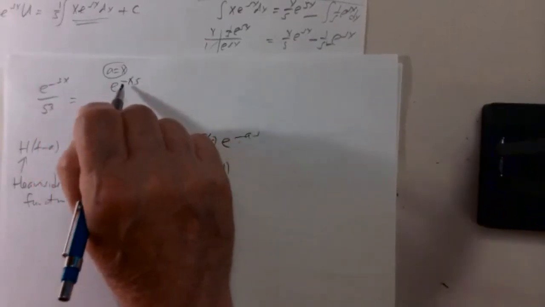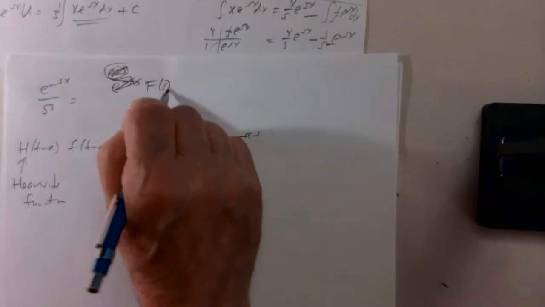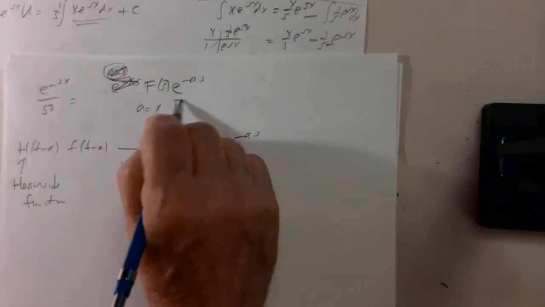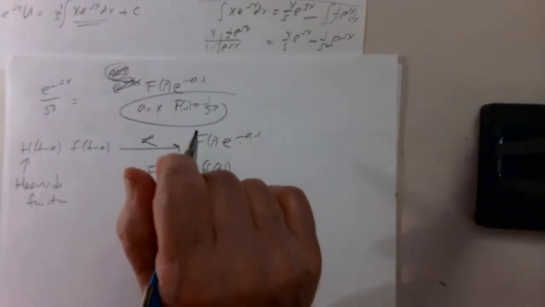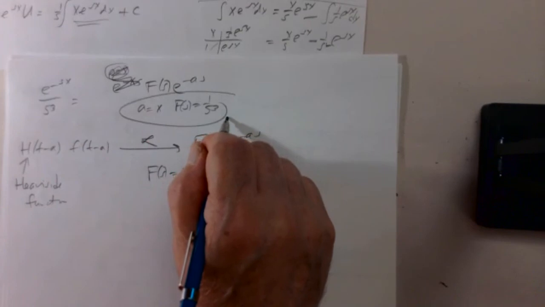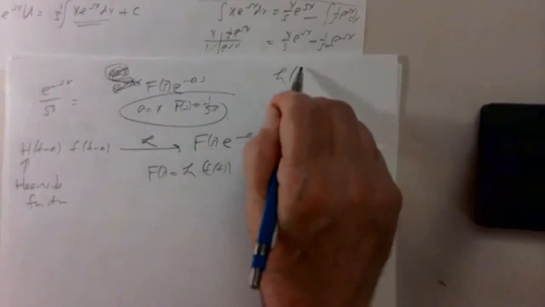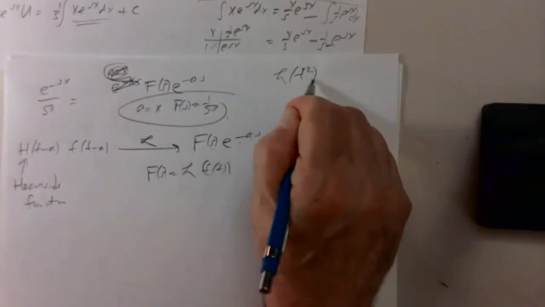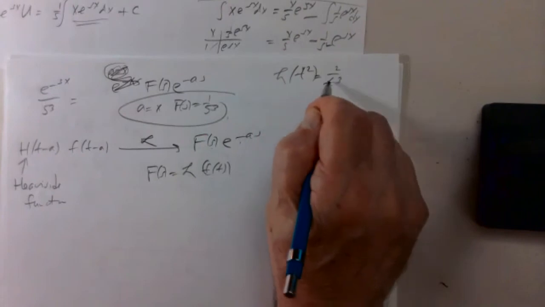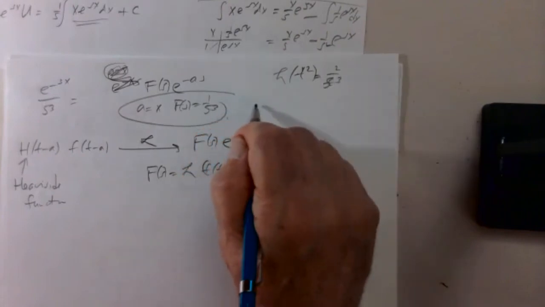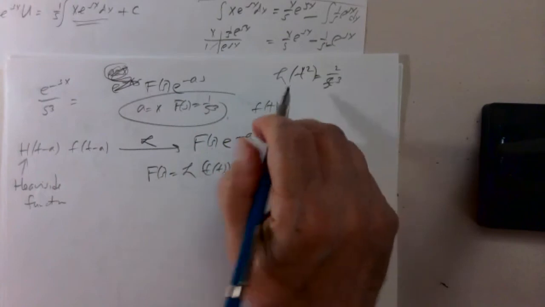So this is F of s e to the minus as, if a is equal to x and F of s is 1 over s cubed. Now, if F of s is 1 over s cubed, the Laplace transform of t squared is 2 over s cubed. So this means that f of t is a half t squared.